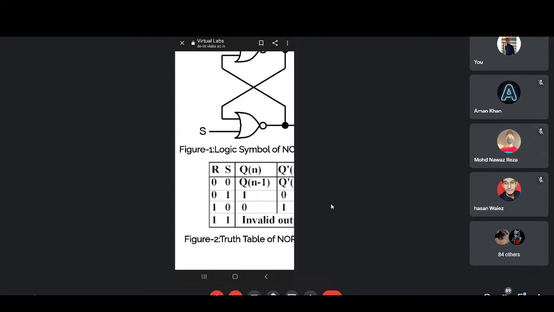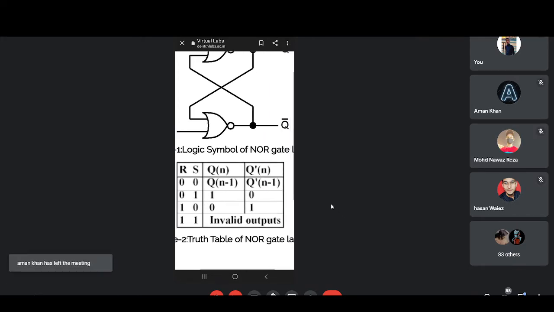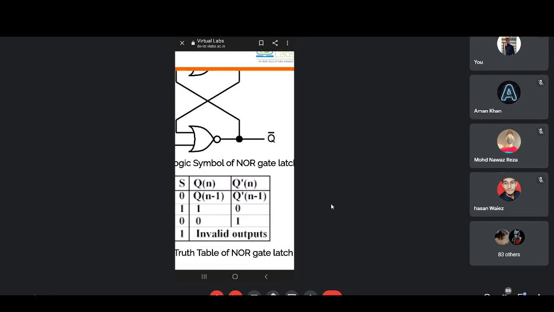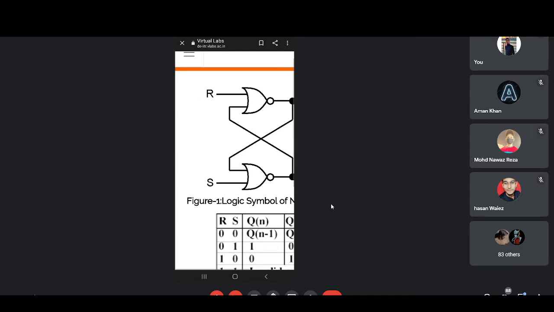In the reset state, Q will by force become 0 if R is 1. 00 is the memory state. R1, S0 is the reset state. S1, R0 is the set state.